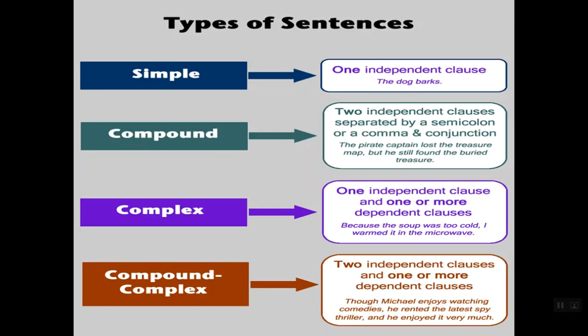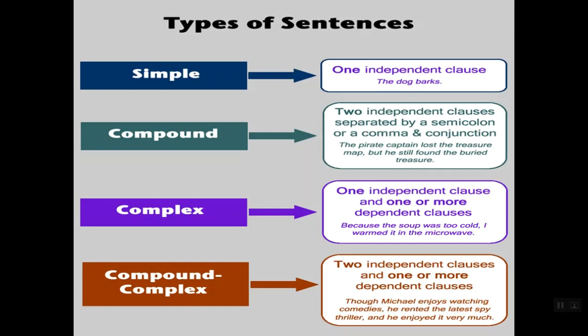Because the soup was too cold, I warmed it in the microwave. So because the soup was too cold, this is actually the dependent clause. What is the independent clause? I warmed it in the microwave.